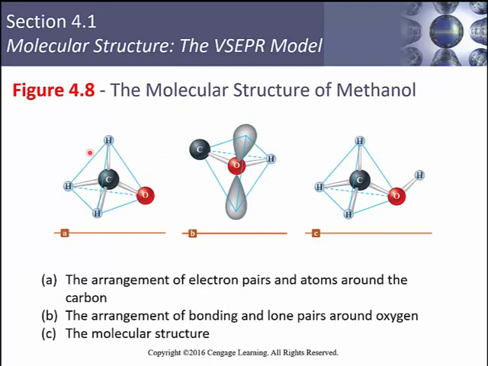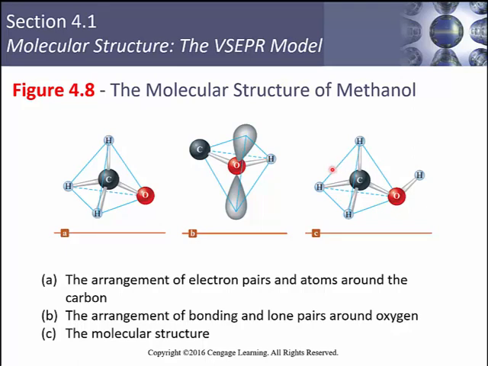Around the oxygen, we move over and treat it as its own central atom. Because I've got 2 lone pairs and 2 single bonds, 4 things around my central atom, it's going to be a tetrahedron.